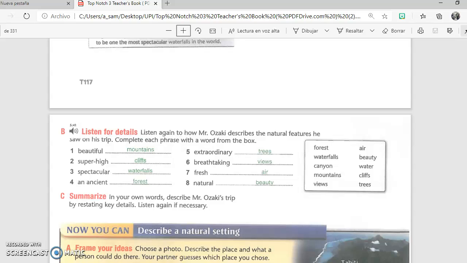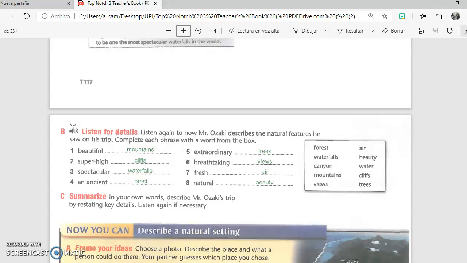natural beauty. Ok, vemos acá, vamos a relacionar las palabras que están en la cajita con las palabras que están del 1 al 8. Tenemos montañas bellísimas, peñascos, eso es como, sí, muy altos, cascadas espectaculares, un bosque muy antiguo, árboles extraordinarios, las vistas que le quitan el aliento, un aire fresco, una belleza natural.